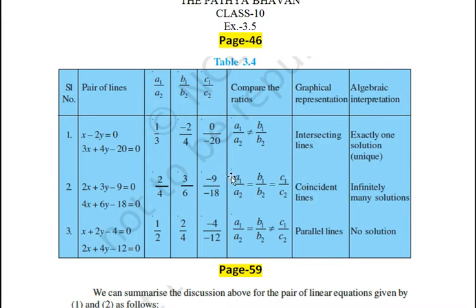Similarly, if all three are equal, then they will have infinitely many solutions, and if a1 by a2 equals to b1 by b2 not equals to c1 by c2, then it will have no solution, right?